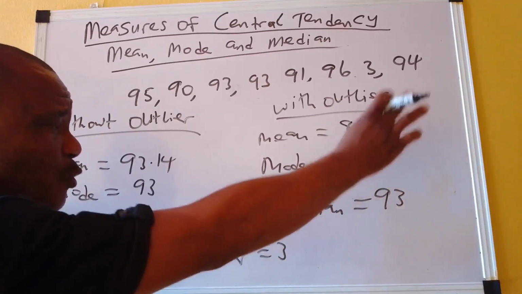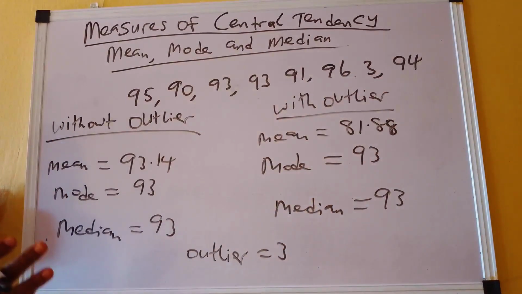You can see it has reduced from 93.14 to 81.88. And if you can recall the advantages and disadvantages of the mean, the mode, and the median, the main disadvantage of the mean is that the mean is affected by an outlier. An outlier is an extreme value.